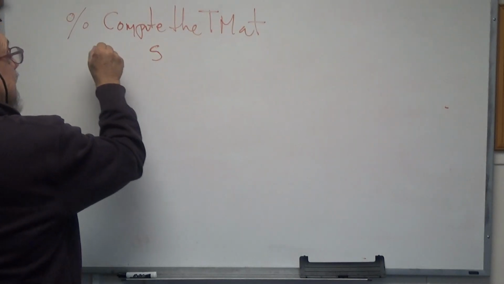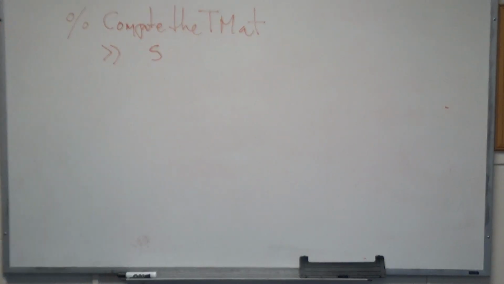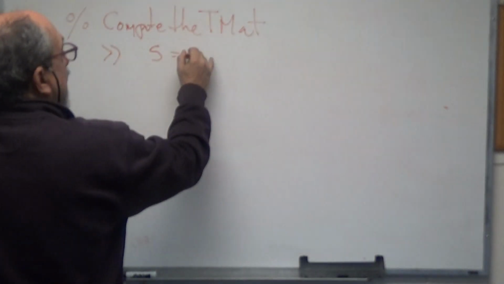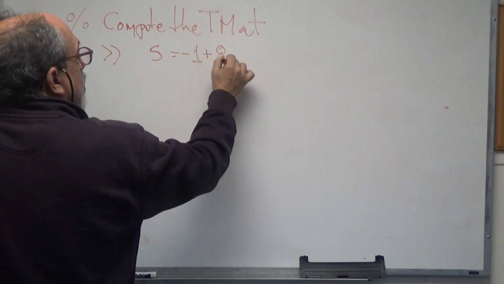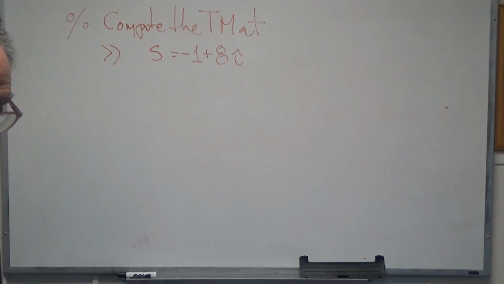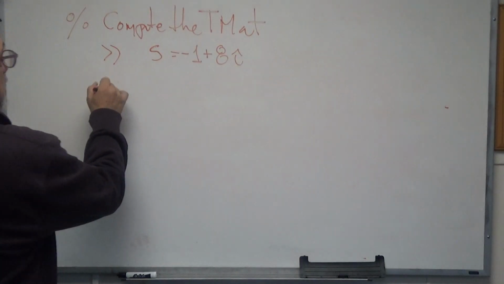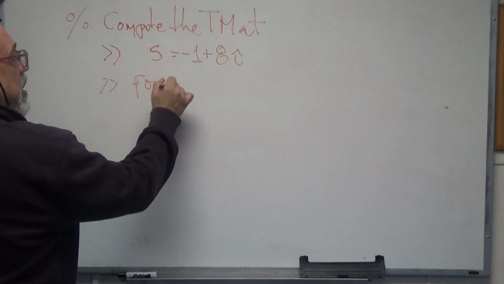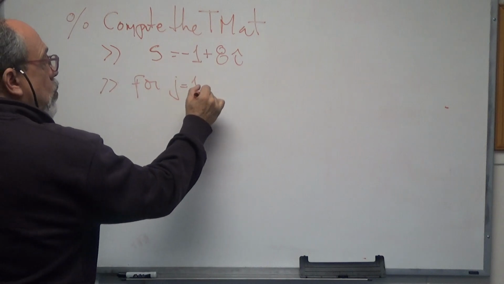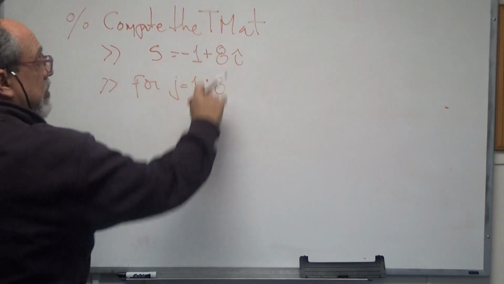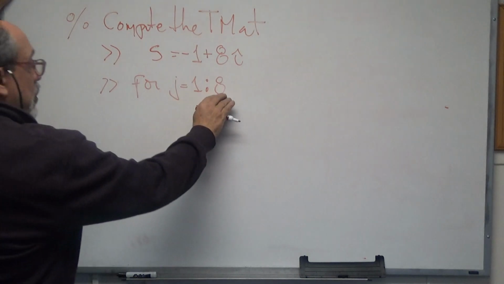So I am going to select some S, and the one that is actually hard-coded in the thing, pulled out of the blue, could be anything, was -1 plus 8i, right? And so I am saying here for j equals 1 to 8, which is the order, right? This has nothing to do with that 8, but the order.